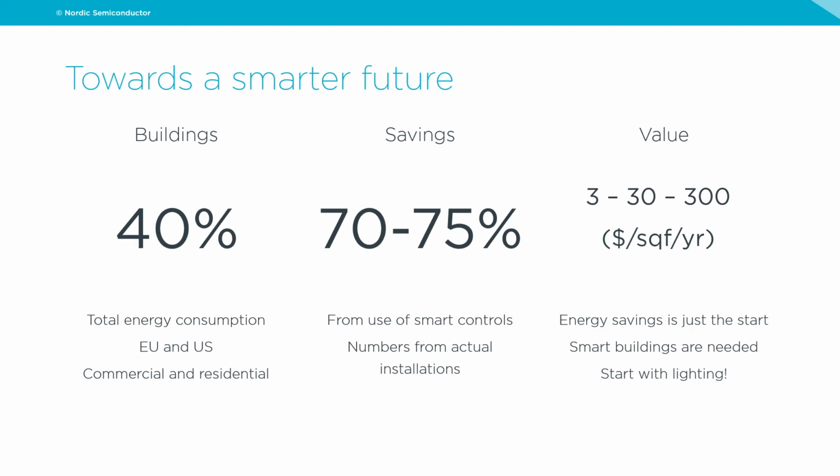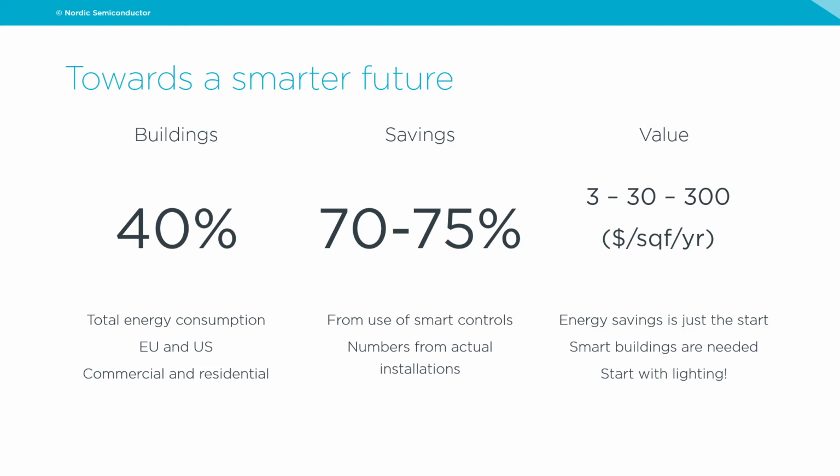The first 3 is related to utilities, so that's $3 per square foot per year. 30 is rent, and 300 is what you spend on payroll for people actually using the building in a commercial setting. So what this energy saving shows is that the investment pays off quickly. You gain back the investment in a matter of years.